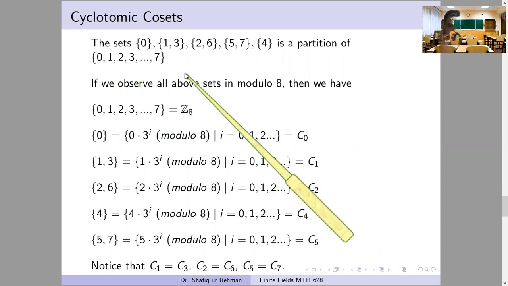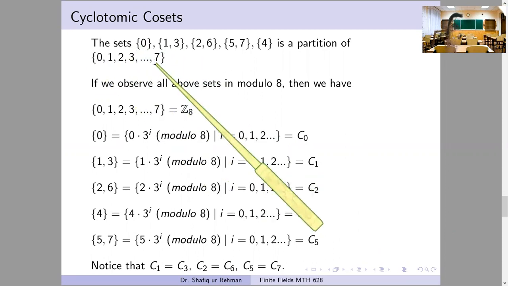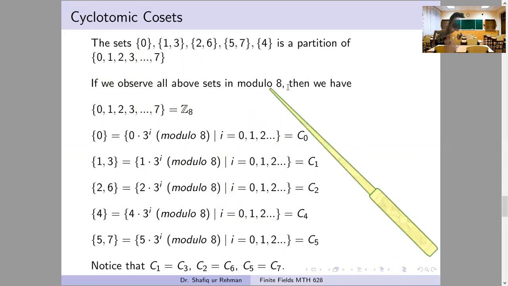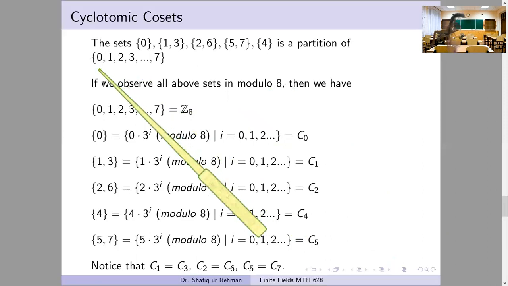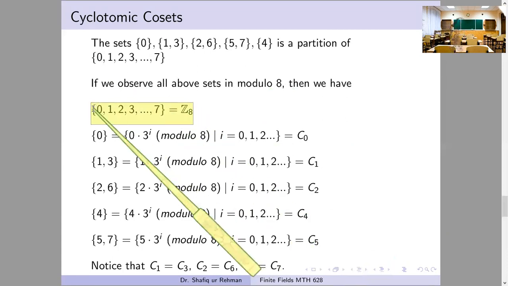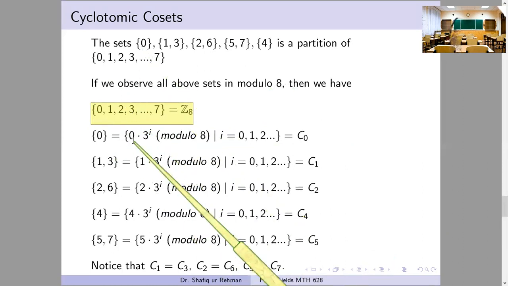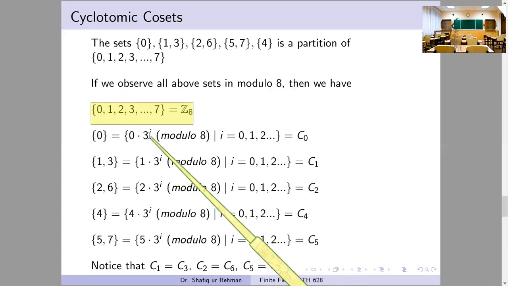You can observe that these sets make a partition of this set, and if we observe all the above sets in mod 8, then you understand that this set is actually the set of residue classes mod 8, and we can express this set 0 in this way: 0 dot the powers of 3 in mod 8.